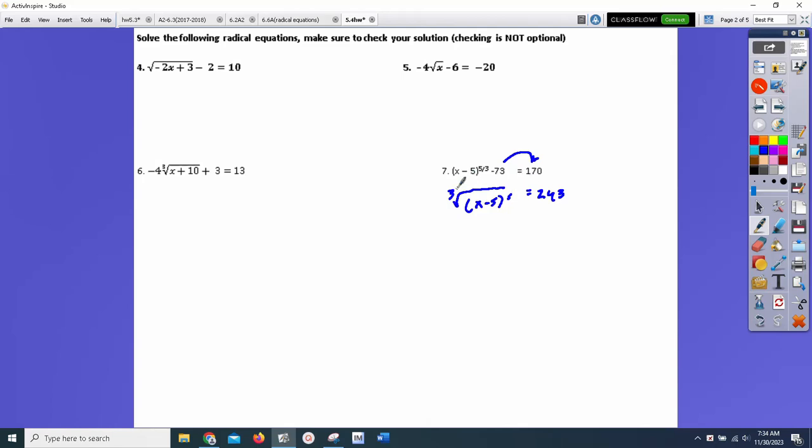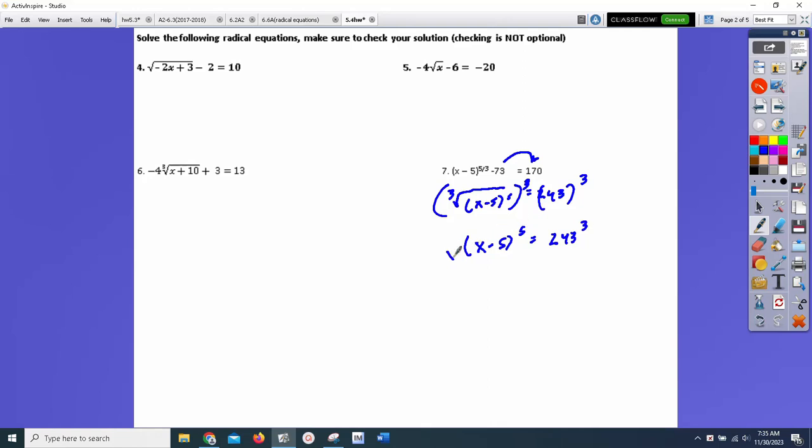So the opposite of cubing, cube rooting, or the inverse, is to cube. So I'm going to cube both sides. I have zero desire to write down 243 cubed. Now I have x minus 5 to the 5th is 243 cubed.